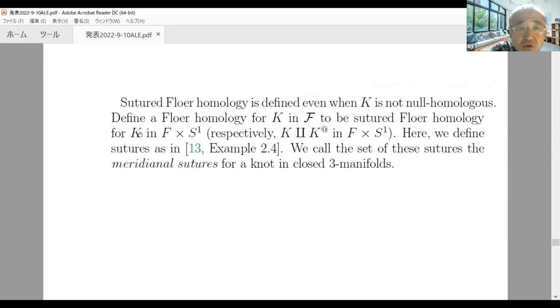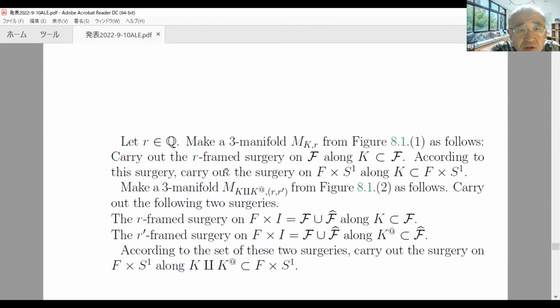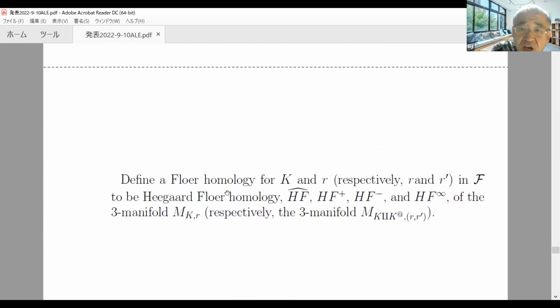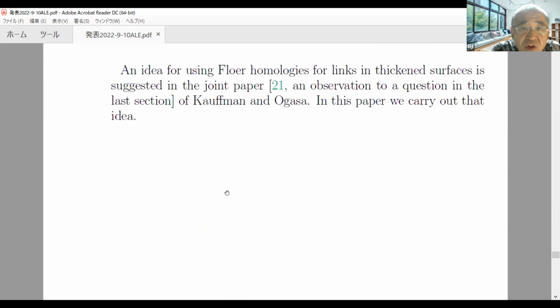Even if K is not null homologous, you can define Sutured Floer homology. We can apply it. Or surgery at K or K-hat with framing, we get a three-manifold. We can define Heegaard Floer homology by Ozsváth-Szabó. Anyway, we defined Floer homology for links in thickened surfaces.